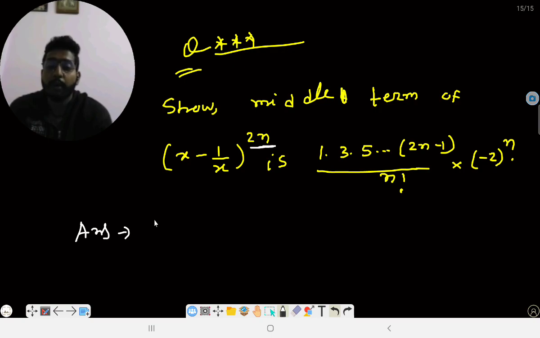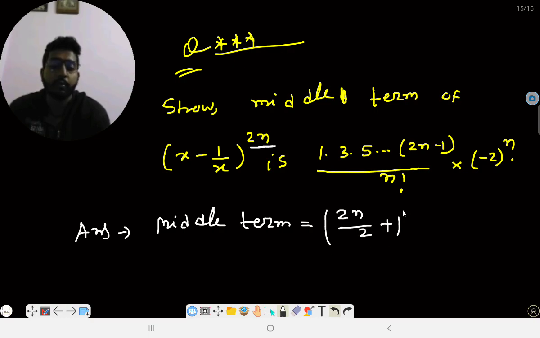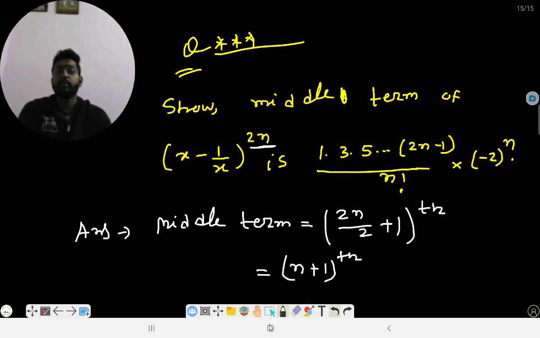So whenever the power is even, the middle term formula is n by 2 plus 1. That means here 2n by 2 plus 1, that is the n plus 1 th term. That will be the middle term.